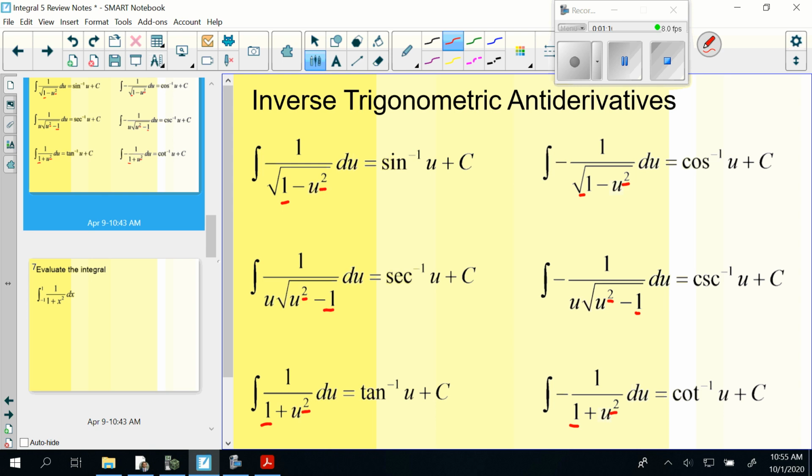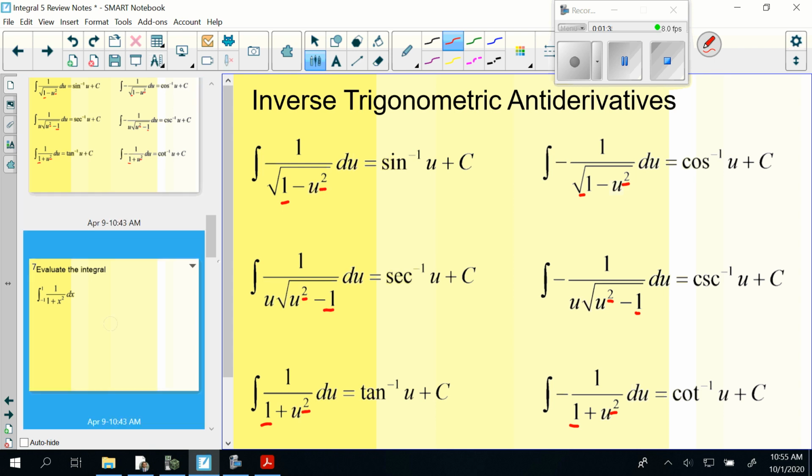So if you see an antiderivative or integral where there's a square root with something squared and 1 in there, it might be a clue, except for the tangent and cotangent ones, which aren't square roots. But if you get to the test and you notice those, it would be the way to go.